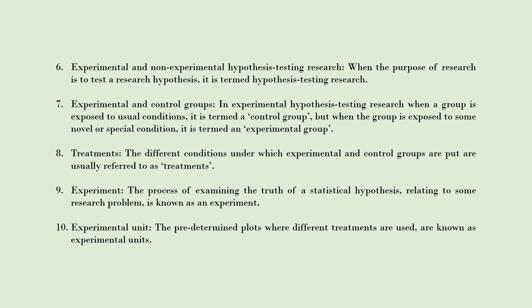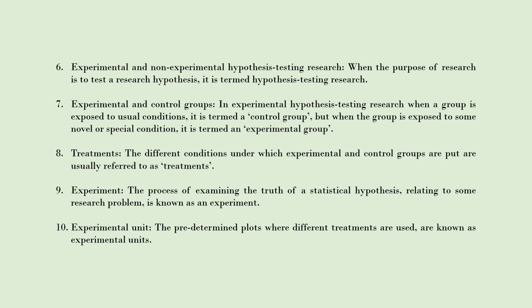The different conditions under which the experimental and control groups are put are usually called treatments. Like, if we want to determine through an experiment if a particular type of fertilizer is better than two others, then we will put them into some same treatments, and the result will show which fertilizer is good for our use.